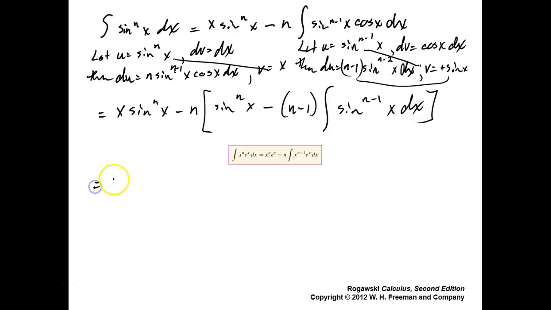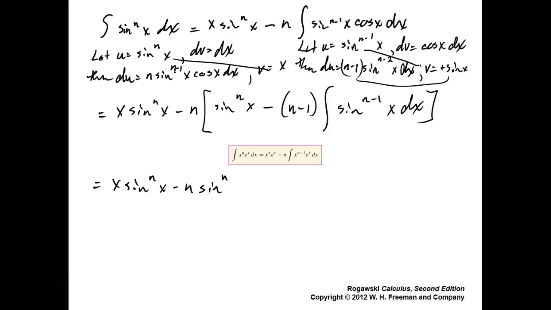So this would be x sine to the nth x minus n times sine. I was just asking, what about the cosine?